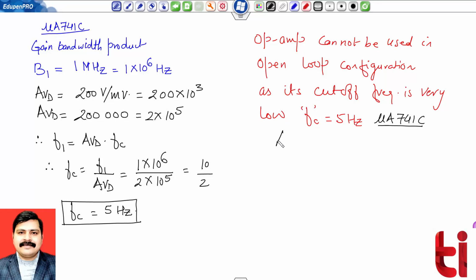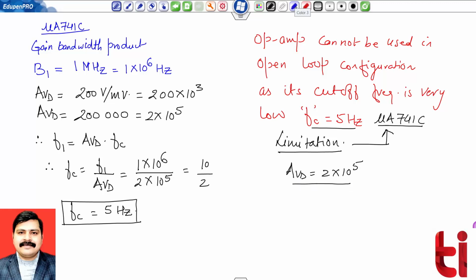So this is the important limitation of IC μA741C, because we cannot change the value of gain AVD, which is 2 into 10 raised to the power 5. So we have to do some mechanism.